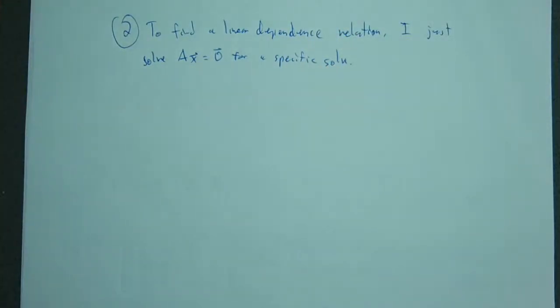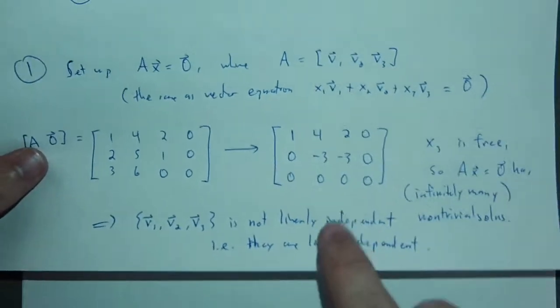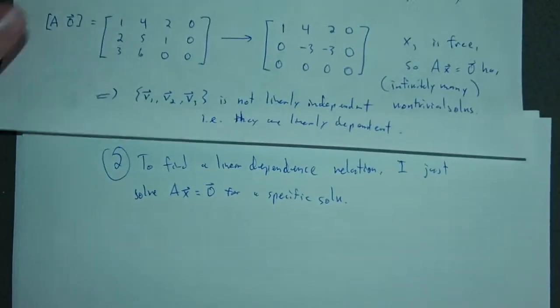There's infinitely many. There's a choice involved there, so this is not a unique thing. I'm going to be able to find multiple linear dependence relations, which makes sense. Some relation is equal to 0. Obviously, I can scale it as much as I want to, and I am going to get a bunch of different stuff here.